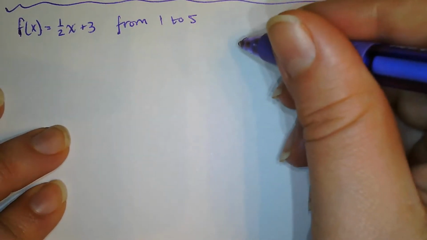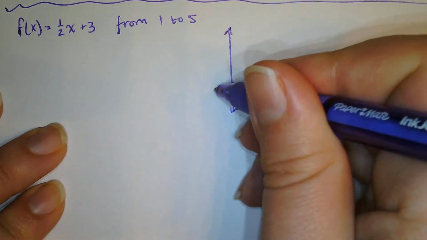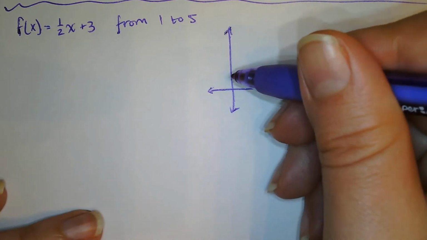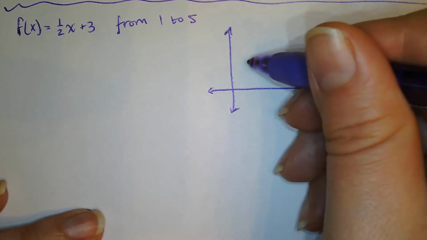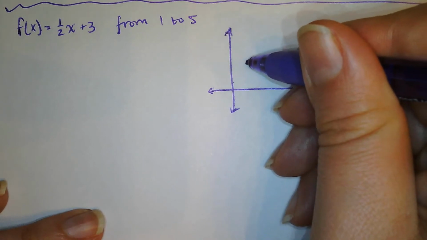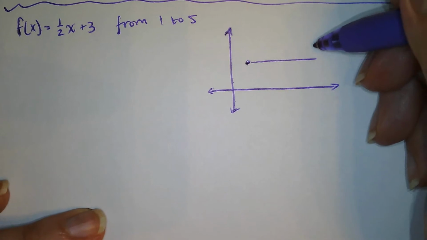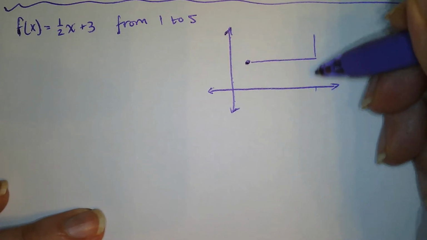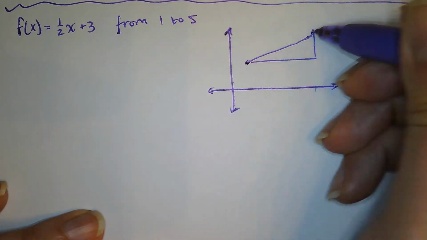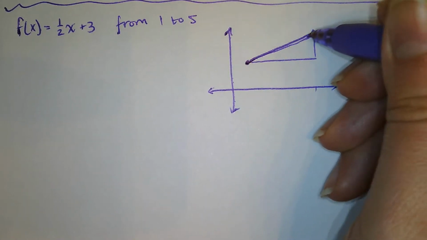So we're going to have it at 1, and then again at 5, and the slope is 1/2. So we want to know this length, this is what we're trying to find.